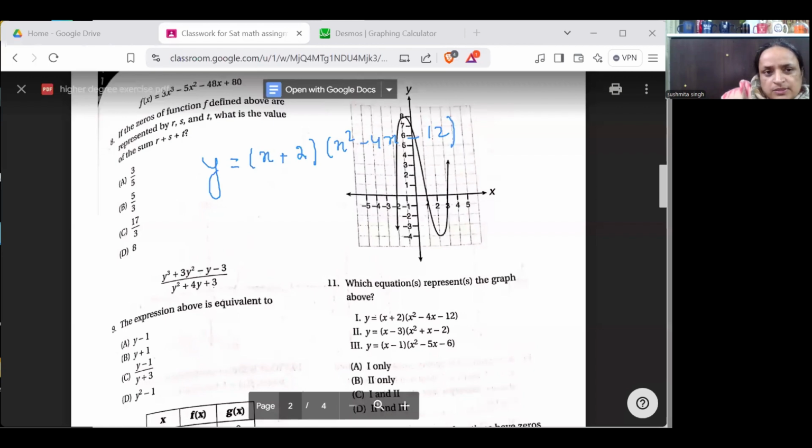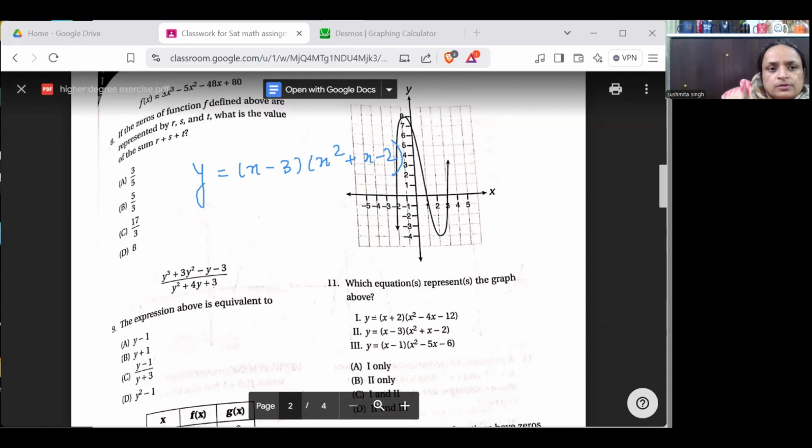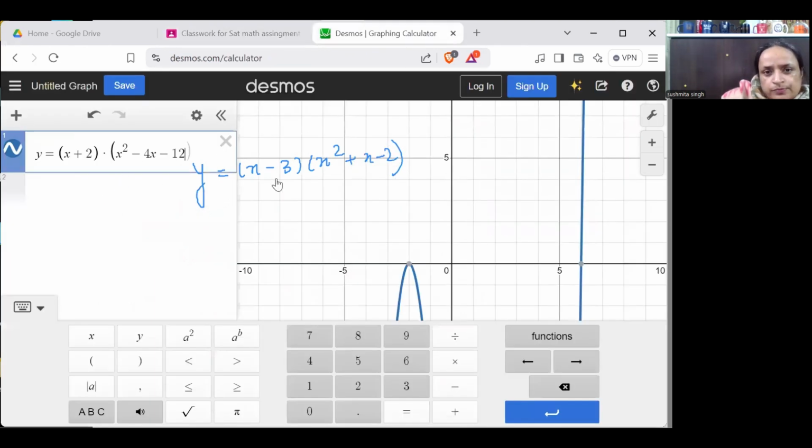What is my second one? It's y is equal to x minus 3 times x squared plus x minus 2. So we just change it, put 3 over here. You don't need to write the whole equation again.